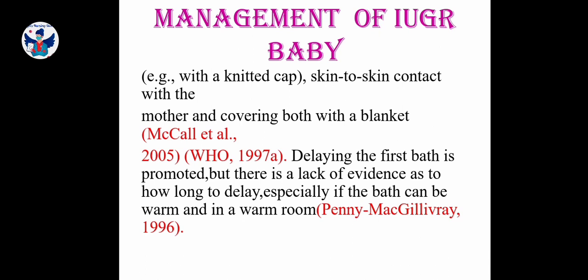And delaying the first bath will be helpful for the baby because due to prematurity there may be difficulty to maintain the thermoregulation process in the baby. So to prevent that, we can provide a warm room, and the bath can be delayed.